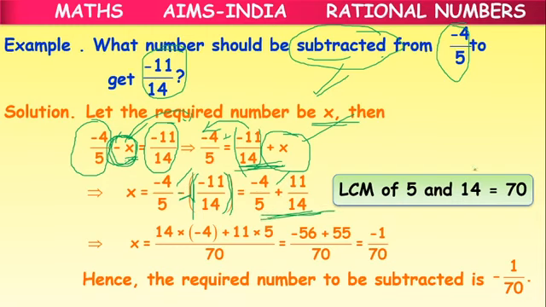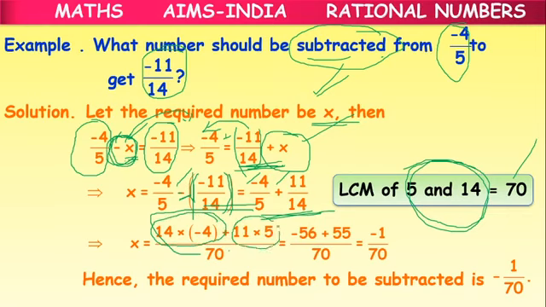Now LCM of 5 and 14 is 70. 5 14s are 70, so 14 into minus 4. 14 5s are 70, so 5 into 11. So here minus 56 plus 55. After taking the difference, minus 1 by 70. So the required number is minus 1 by 70.